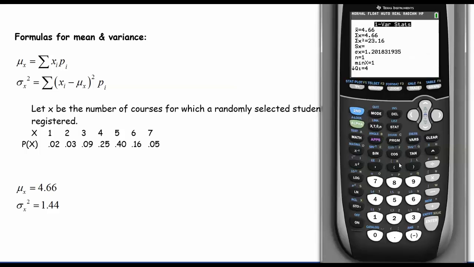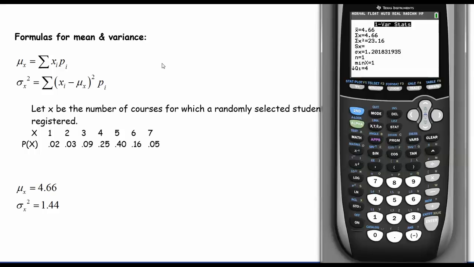As it does all that for us, we should see 4.66 is our mean, and that matches what we had. Now notice we have a standard deviation of 1.2, but we don't have a sample standard deviation, and that happens to be different than what we have. So we need to talk about a little theory for a second.